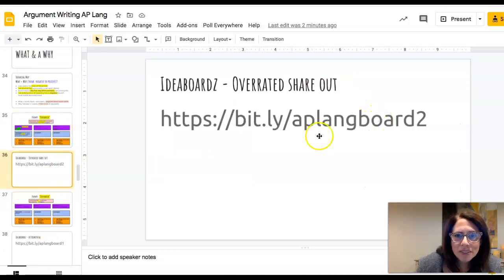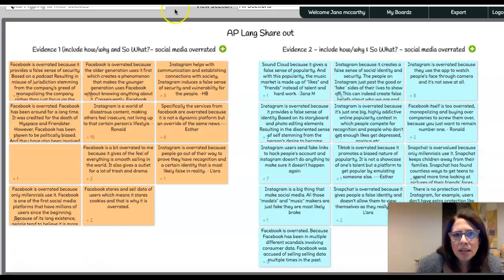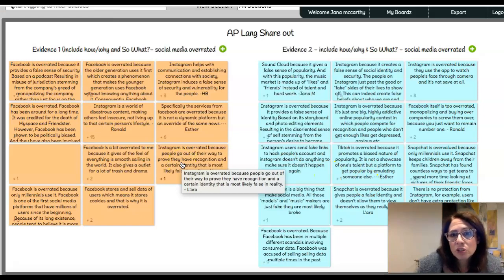As a class, I would definitely take a moment to take a look at this URL. It's bit.ly AP board 2, and it will take you to what we call an idea board. And this is evidence 1 and evidence 2 that people shared in class from their homework, right?